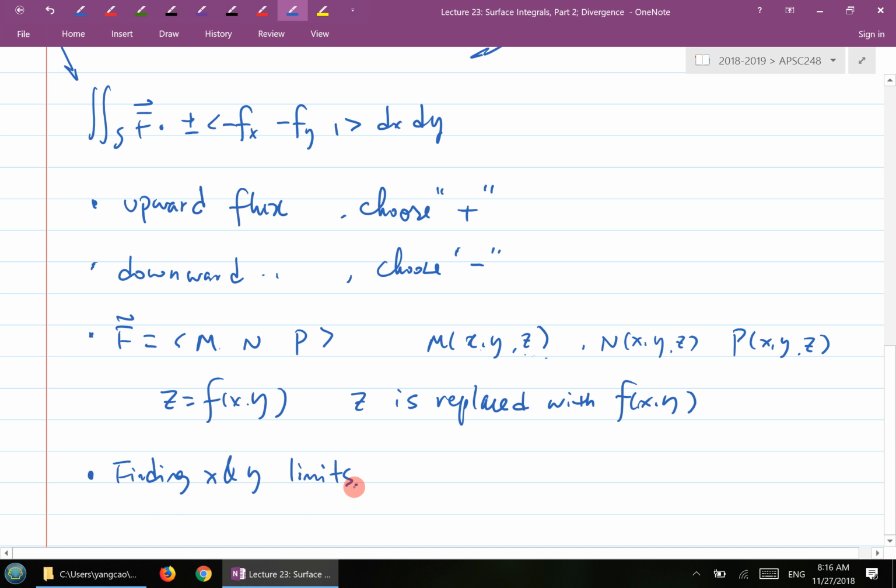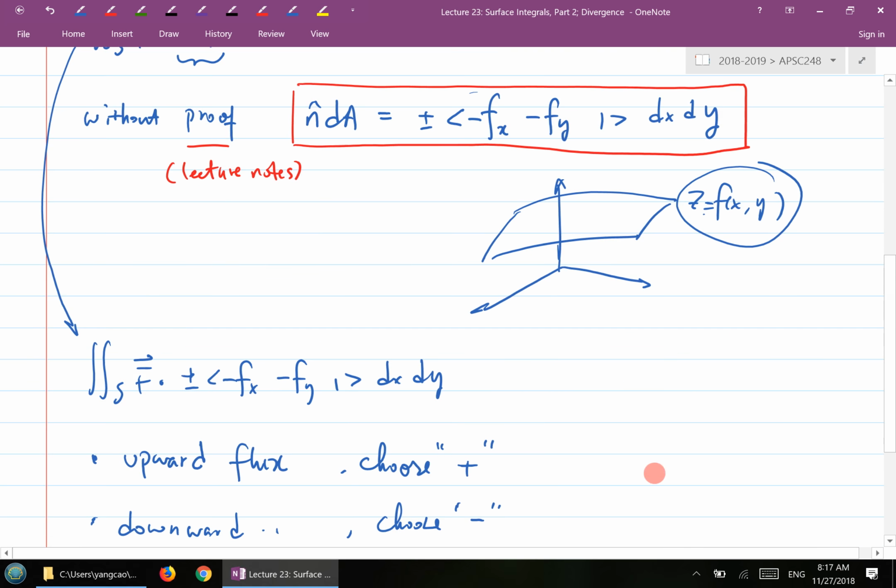Finding x, y limits is basically the same procedure as for a regular double integral. Over here you have your surface, z equal to f of xy, and the x and y limits can be found through essentially a shadow of this surface in the xy plane.